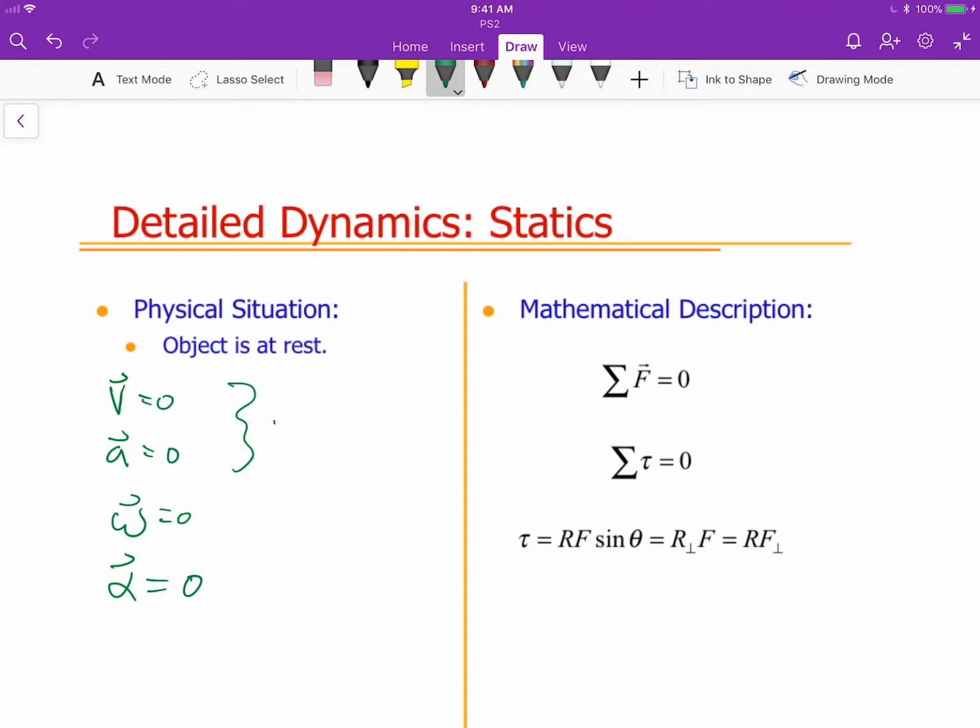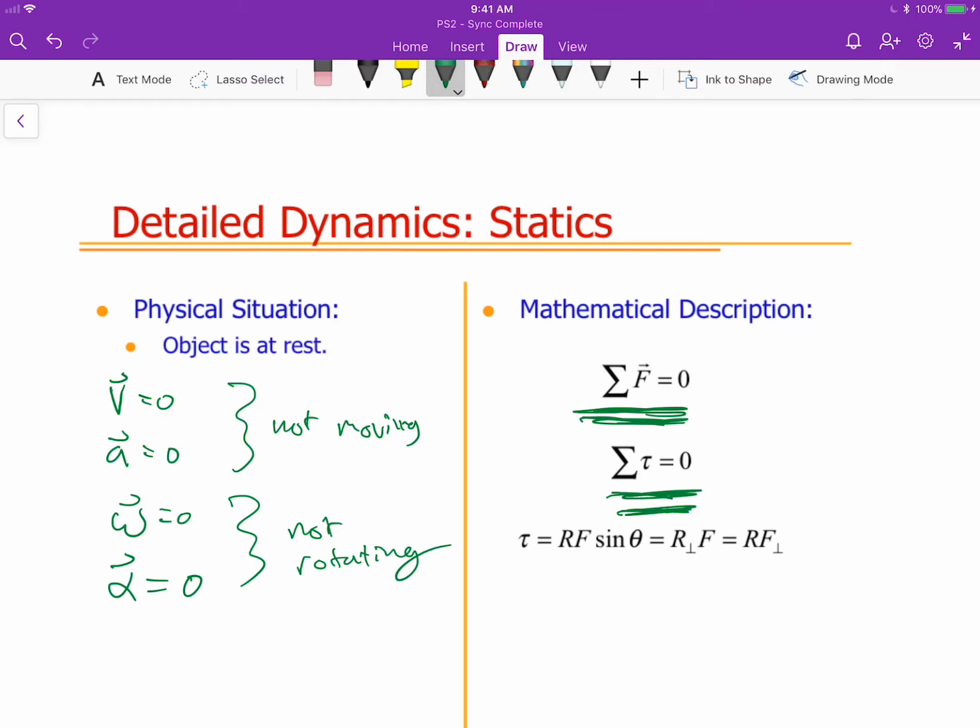So basically this is saying it's not moving, and this is saying it's not rotating. Mathematically, that means the sum of the forces equals 0 and the sum of the torques equals 0. So this means you have no acceleration, and this means you have no angular acceleration.